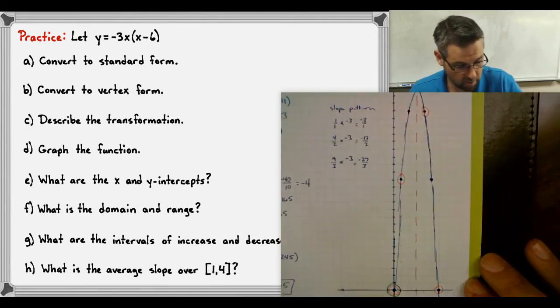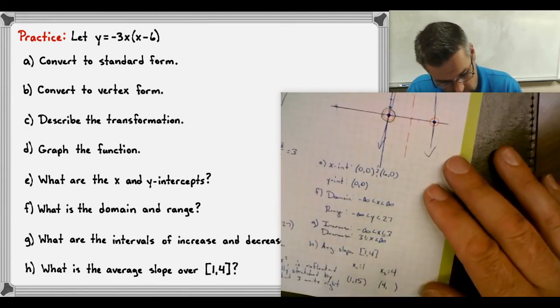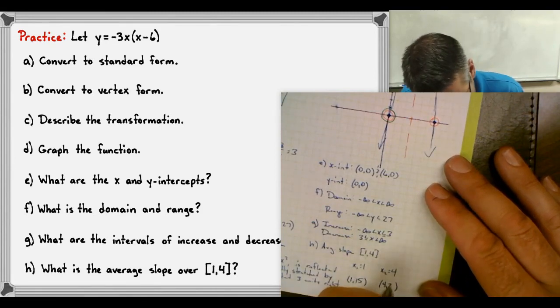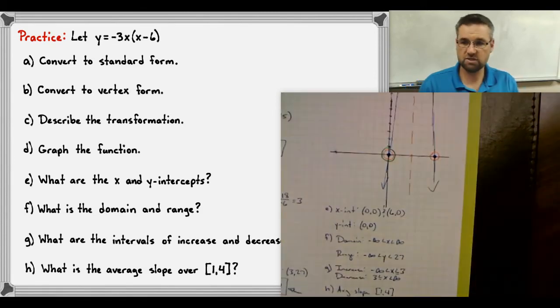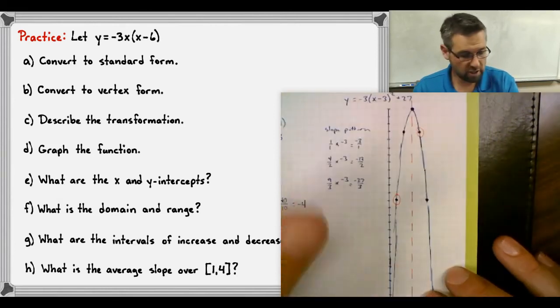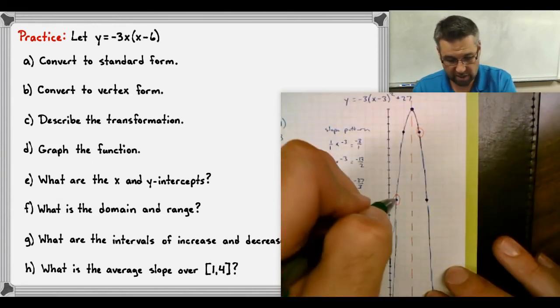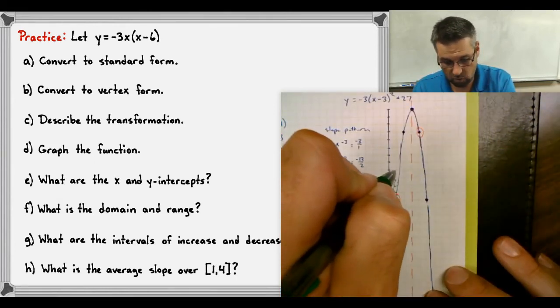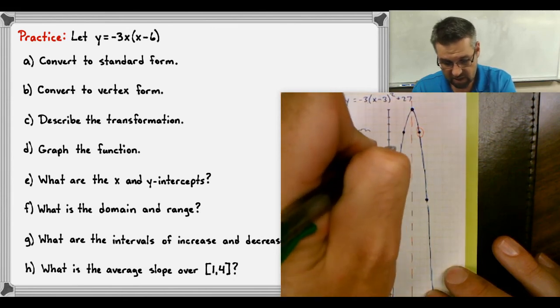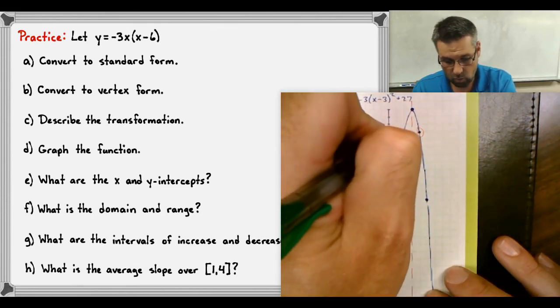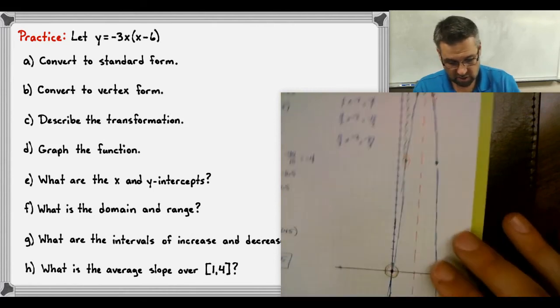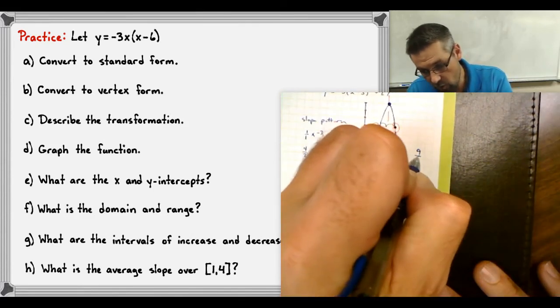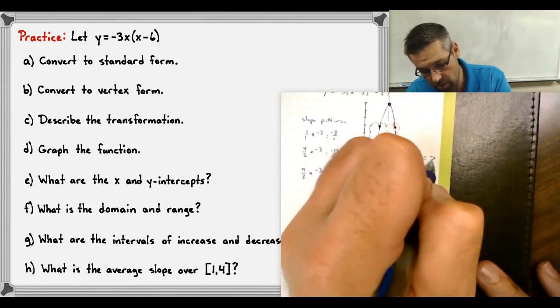But the coordinate is (4, 24). And then from there, all I have to do is find the slope between them. I could count the slope. I could say, okay, the rise is 1, 2, 3, 4, 5, 6, 7, 8, 9, and over 1, 2, 3. So then my slope is going to be 9 over 3, which is 3.